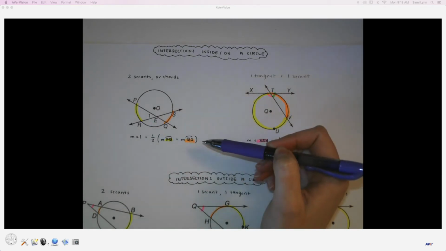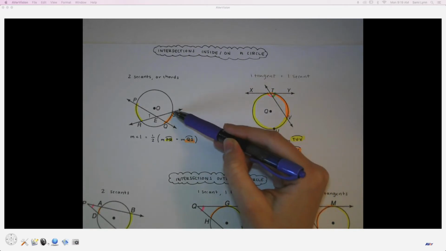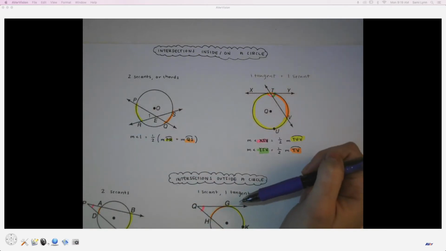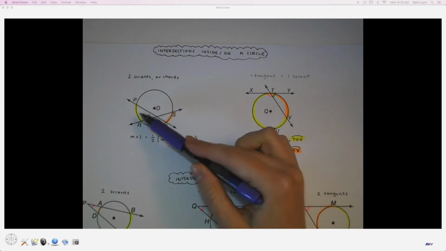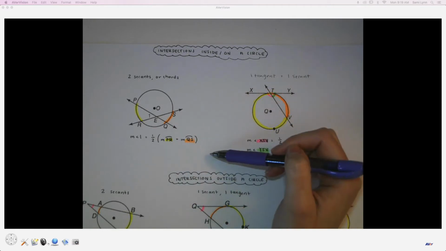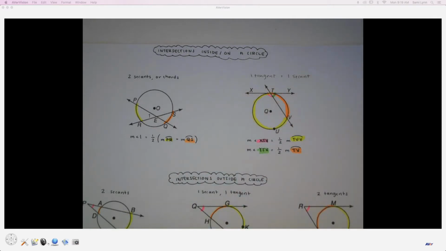They're not the same, so what I've got to do is take an average of both of my arcs. I add together the two intersecting arcs and divide by 2. Now, why did I write it as multiplied by 1/2? That's just so you remember that we have to add together those two arcs before we divide by 2. We talked about that quite a while ago, but there's a refresher.